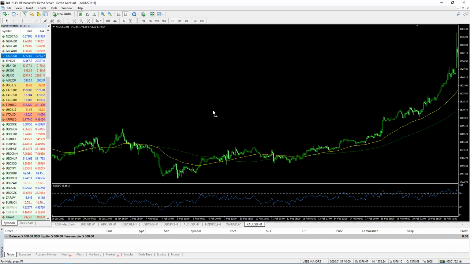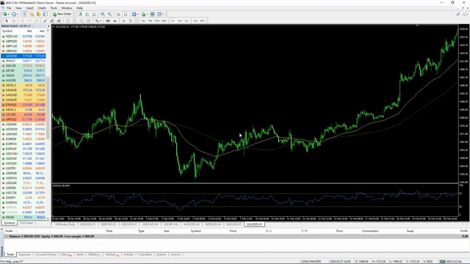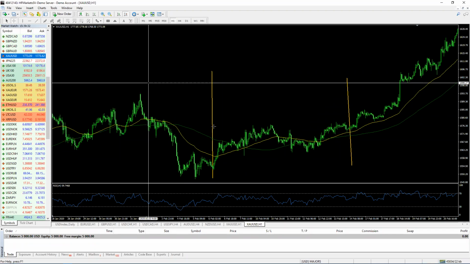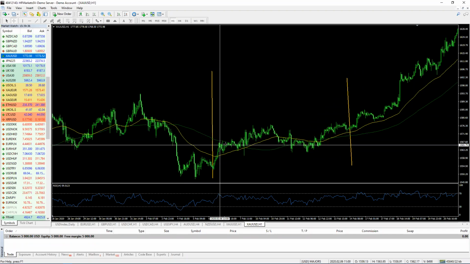You can see the market is more of consolidated, if I'm not wrong. Okay, around here, around here, from there to around here. So you can see how much the effect or what happened within this zone.